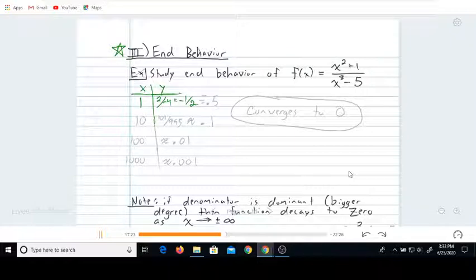Now, let's say we plug in 10. So if we plug in 10, that's going to be 101 divided by the quantity 1000 minus 5.